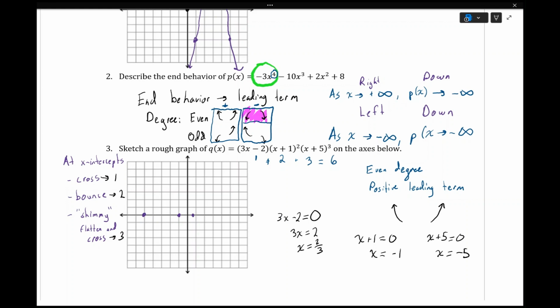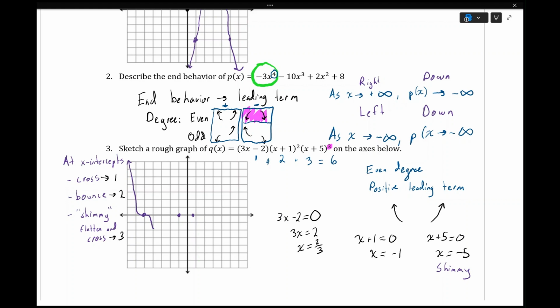So let's go ahead and draw that. I know since it has double up end behavior, I'm going to start up here. And then I'm going to go down to the x plus 5. Now, since x plus 5 is cubed, that tells me that at x equals negative 5, I have a shimmy. So I'm going to go down. I'm going to make the graph flatten a little bit and then continue down.